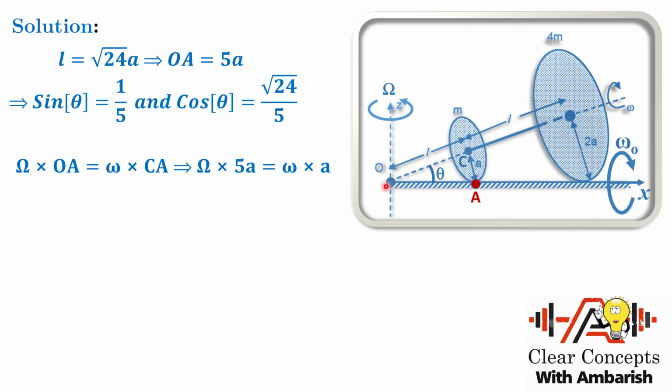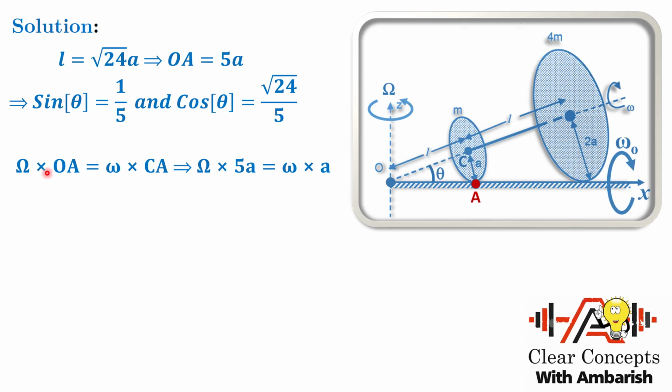And if it were revolving alone, it will be going into the plane of the slide with a speed capital omega into OA. Since the overall effect is that A is at rest, the effect of revolution and the effect of spinning must be cancelling for point A. So I can say that capital omega into this radius OA should be equal to small omega into CA.